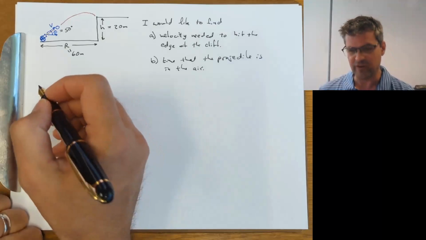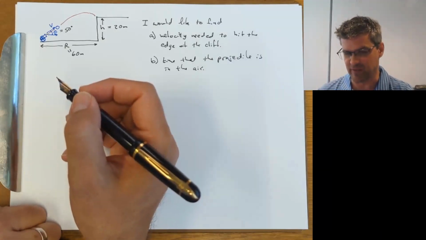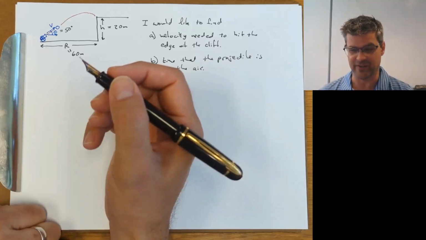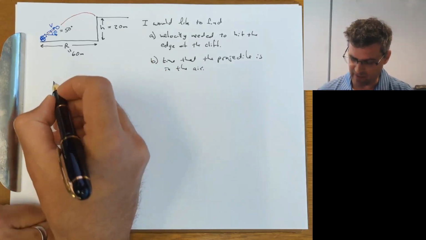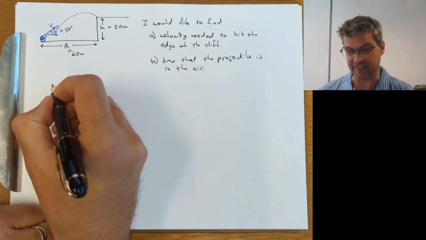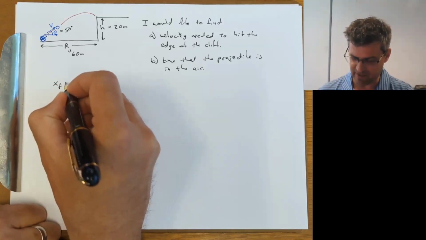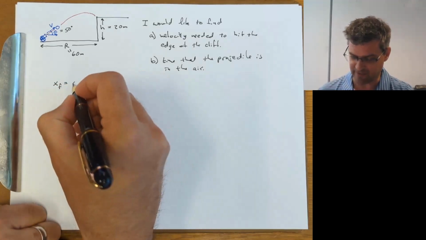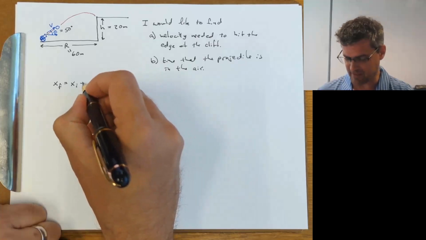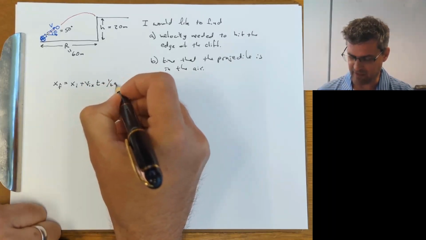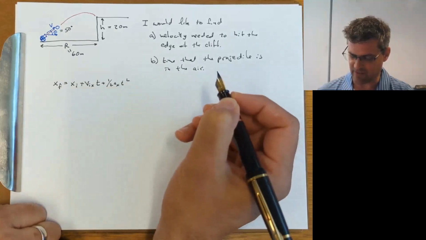Now, when you approach a projectile motion problem, there are two things that you really should do all the time. You should write down what's going on kinematically in two directions. So in the x direction, I know that x final is equal to x initial plus v initial in the x direction times t plus 1/2 a in the x direction t squared.